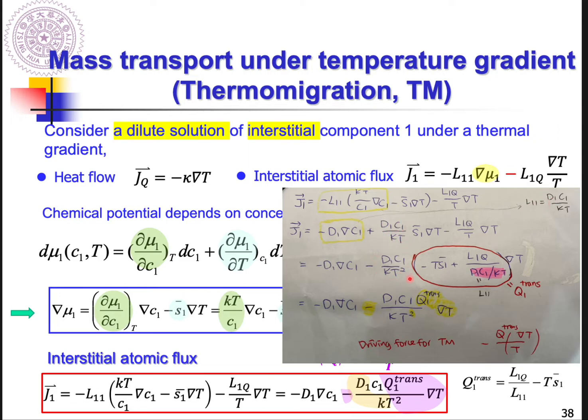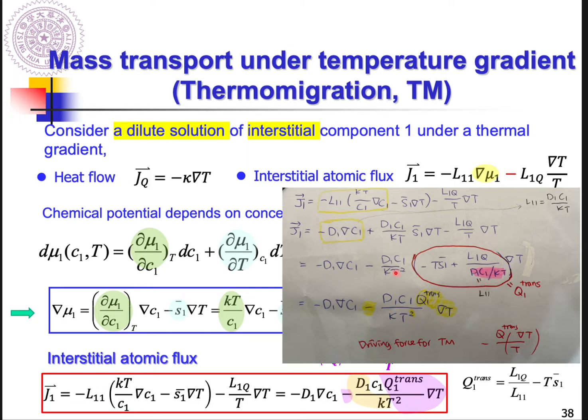And we take this term out and simplify it as this term, because you take the minus D1C1 over kT squared, times the minus T S1 bar. So minus times minus is a positive, right? And T times T, so L1Q is over T, right? So we take this term out, and what we have is this term.